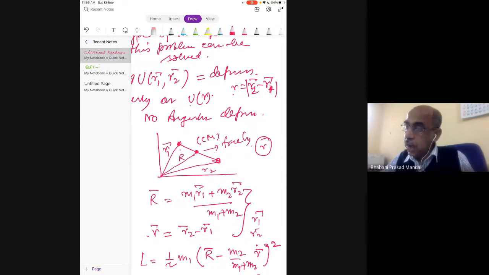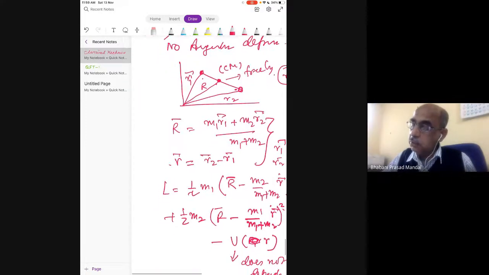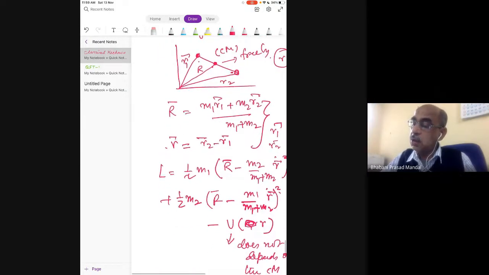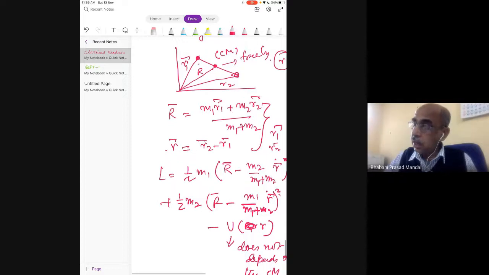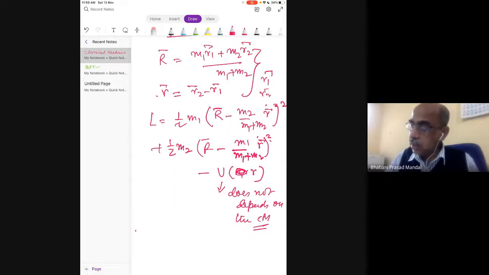So first you derive this Lagrangian; you can very easily solve these two equations and substitute back in the Lagrangian, and then we'll simplify this Lagrangian after substitution. I expect it will have small r dot and R dot terms in the final Lagrangian.